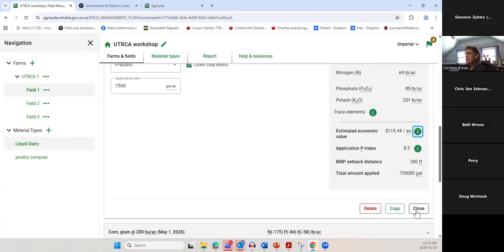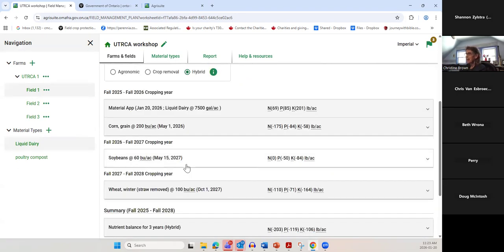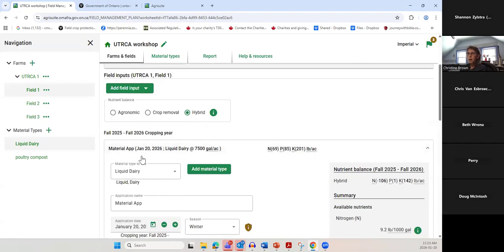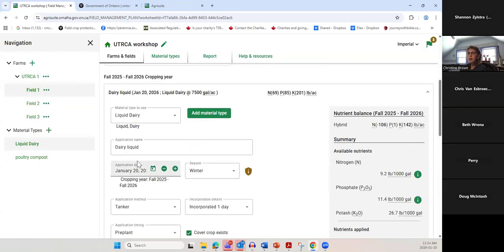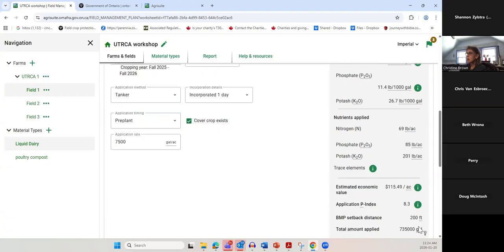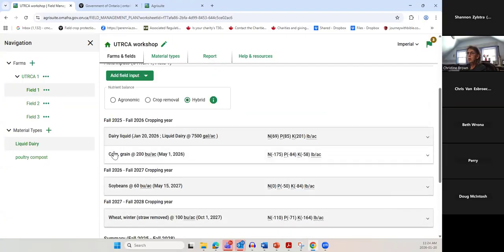Okay, so close this. So far, I'm going to go back one more time. Because I told you at the beginning that if we can put as much information as possible, it makes it much easier to read when you go back. Dairy liquid. Even though it says dairy liquid, now you can see I've added the dairy liquid.